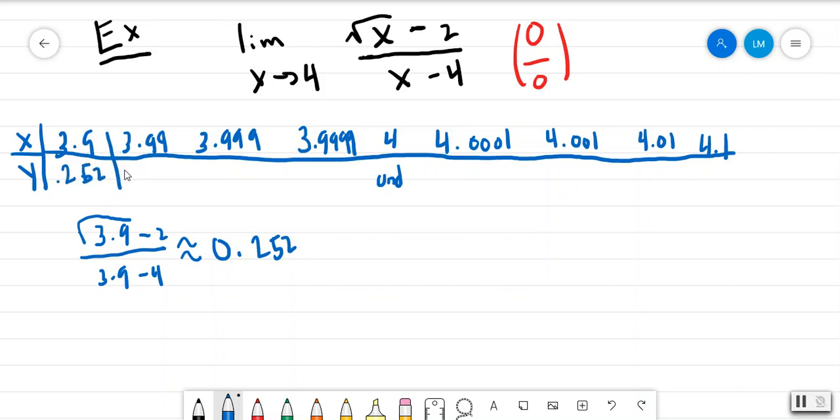Okay, now you want to try 3.99. So why don't we just go ahead and use our same computation, and I'm just going to change it to 3.99.